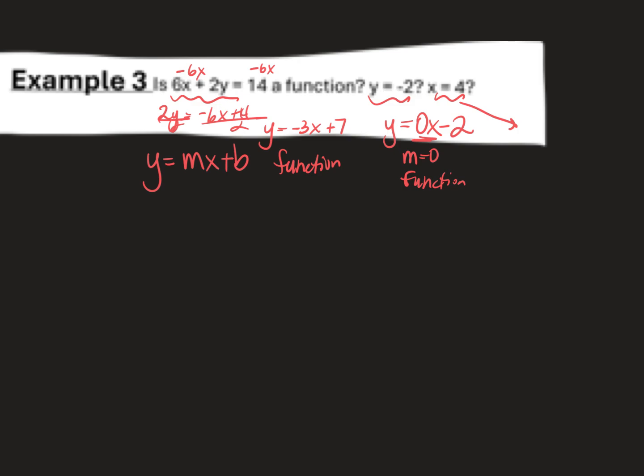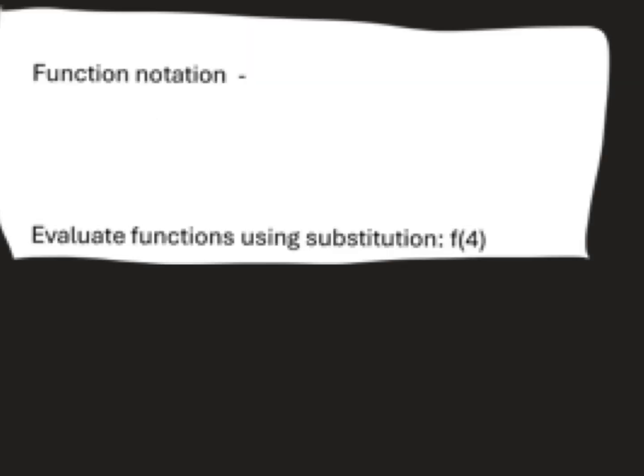X equals 4 is a vertical line, and that vertical line would fail the vertical line test. So this one is not a function. If you have x equals something, that will not be a function. Oh, negative 3x plus 7. See it there? Negative 3x plus 7.